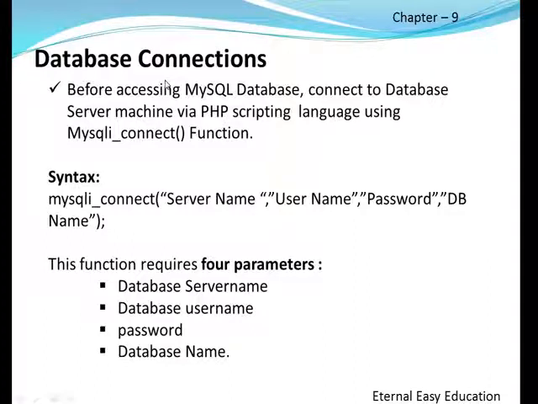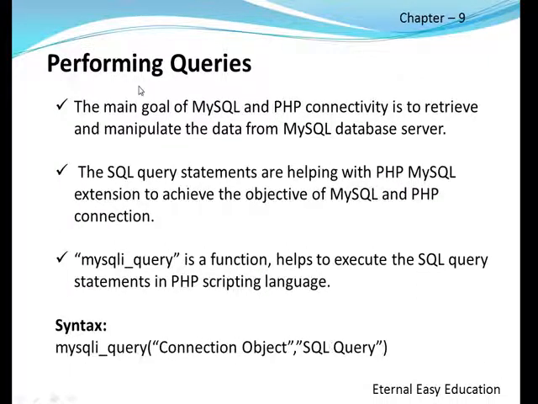First, we must have a connection to the database. To make the connection, we need the predefined function mysqli_connect. It has 4 parameters: database server name, database username, password, and the database name. Then after the connection, we use mysqli_query, the connection followed by the query.